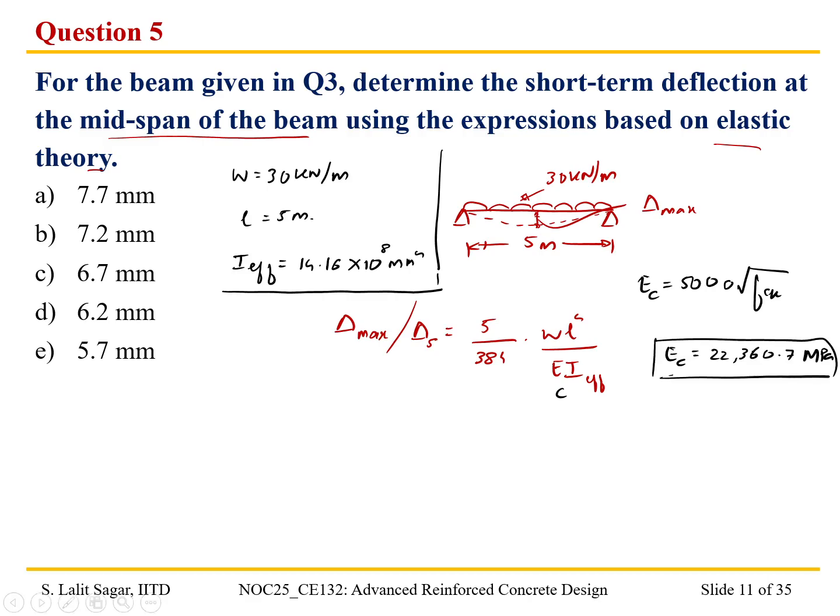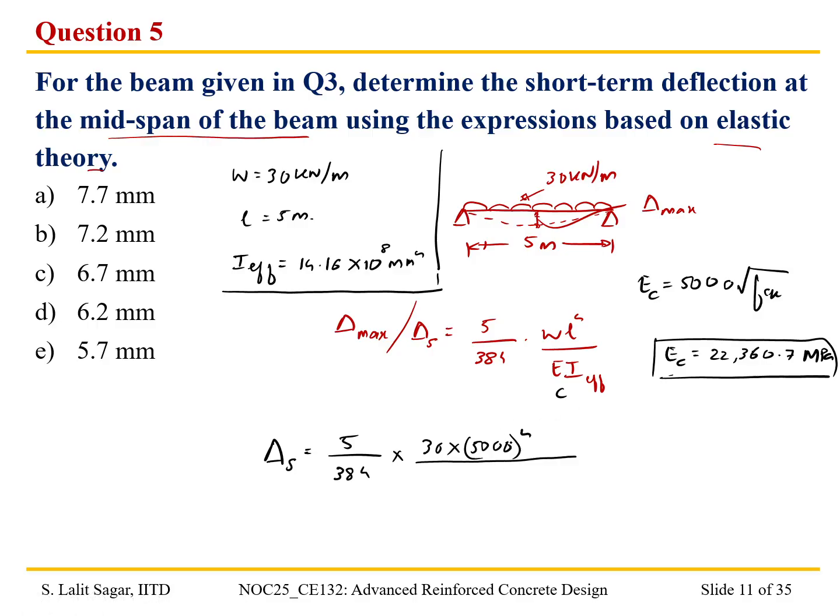So let us plug all the values in this equation. Delta S is equal to 5 by 384 into 30 into 5000 raised to the power 4. Let us remember that we need to express all the values in terms of Newton and millimeter. So this 30 kilonewton per meter becomes 30 Newton per millimeter, because there is no conversion between kN per meter and Newton per millimeter.